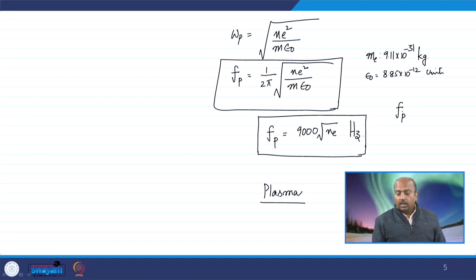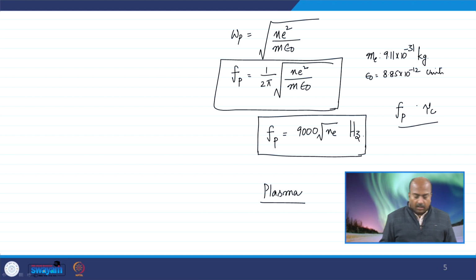You can only call it plasma if it meets certain criteria. These are called the plasma criteria. So knowing the plasma frequency, we can frame the first plasma criterion, which depends on the balance between the plasma frequency and the characteristic collisional frequency of plasma.